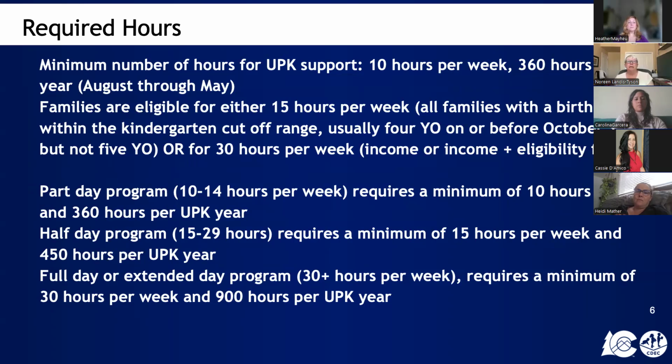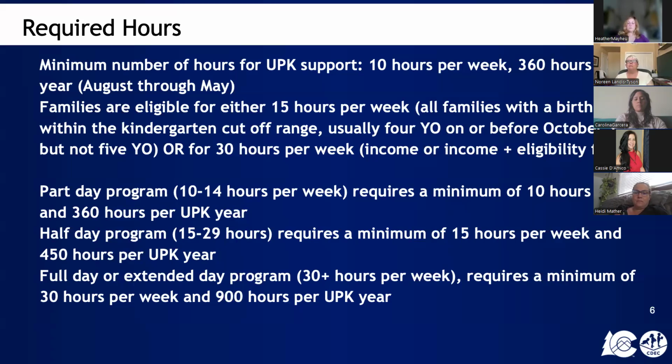So they must be in a program that is a minimum of 10 hours, and that's a part-day program. And they should be attending for a minimum of 10 hours per week. Now, remember that families are eligible for either 15 hours per week, which is all families with a birth date within the kindergarten cutoff range, which is usually 4 years old on or before October 1, but not 5 years old.